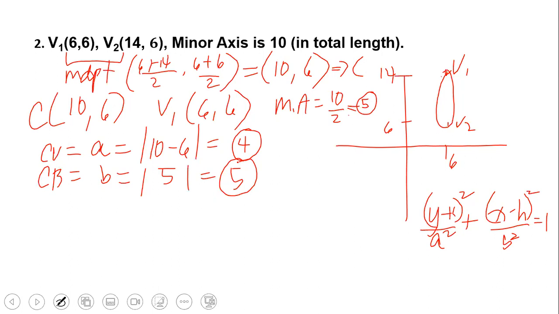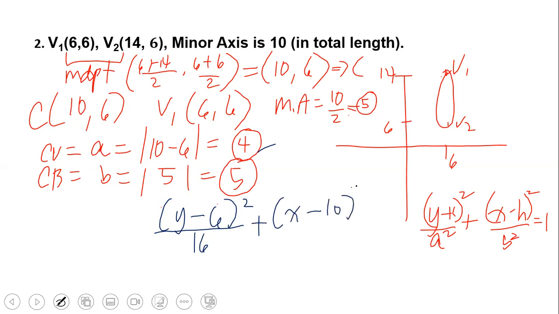So we write: (y minus 6) quantity squared over a squared, which is 16, plus (x minus 10) squared all over 25 is equal to 1.